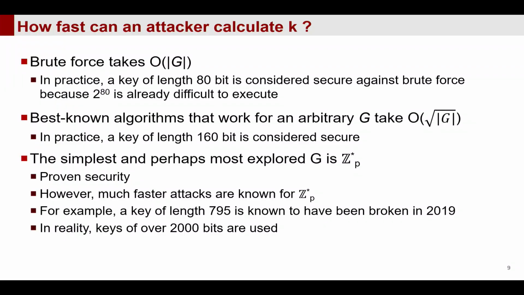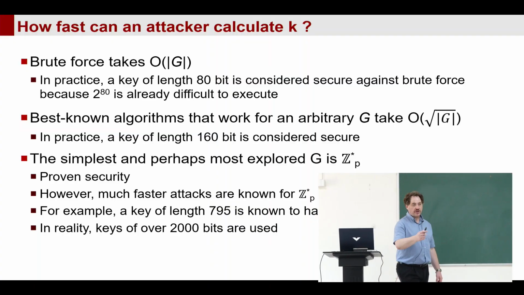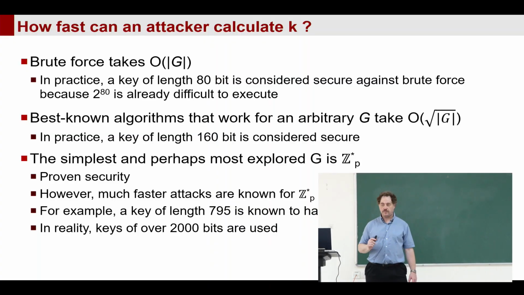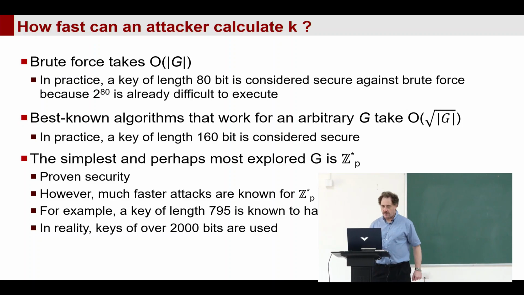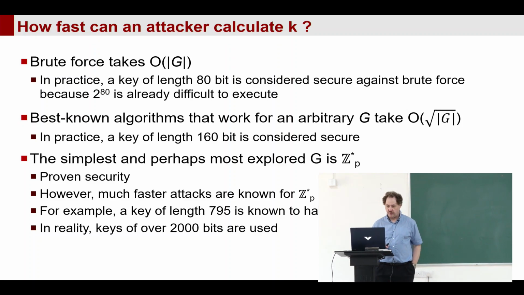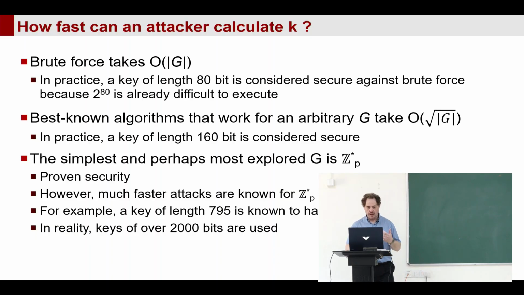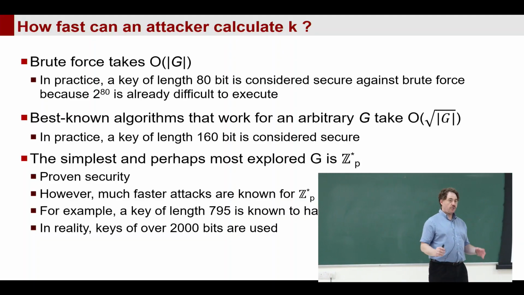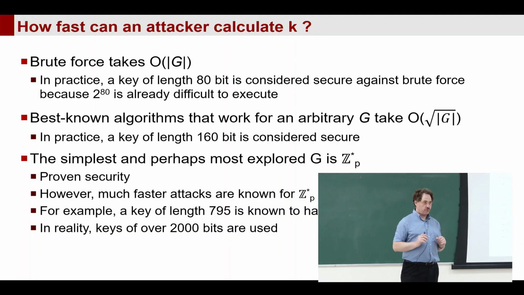Okay, but is brute force the best the attacker can do? Can the attacker do better than brute force? So the best known algorithm for calculating K, if we know A, B, and G, that works for an arbitrary case would take an order of the square root of the size of G. So not linear with G, but a square root.